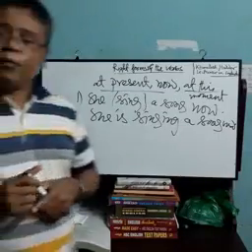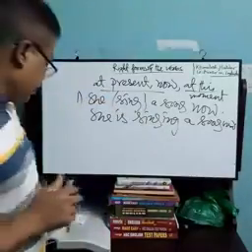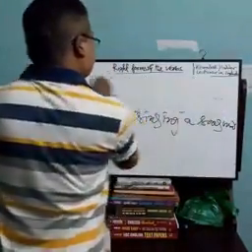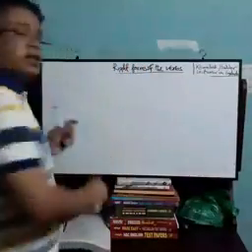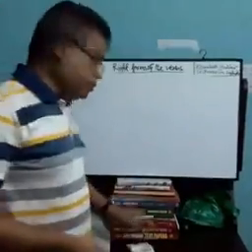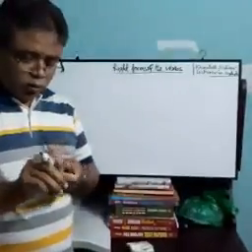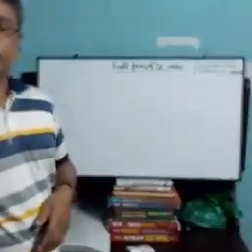The next one: we know what present perfect tense is, but if we don't understand the sentence, there are a few words to identify that it is in present perfect tense.